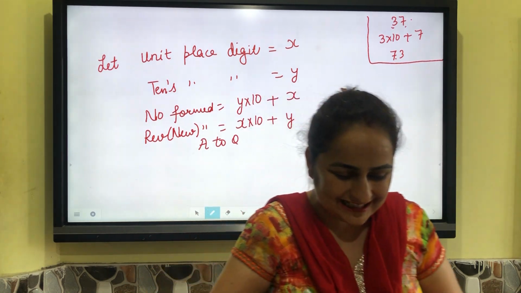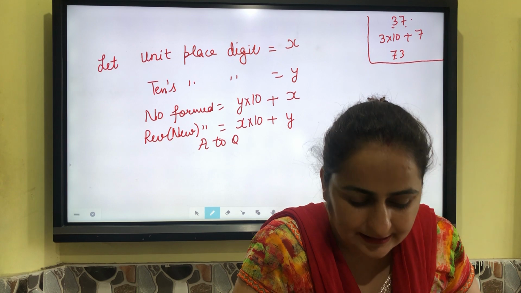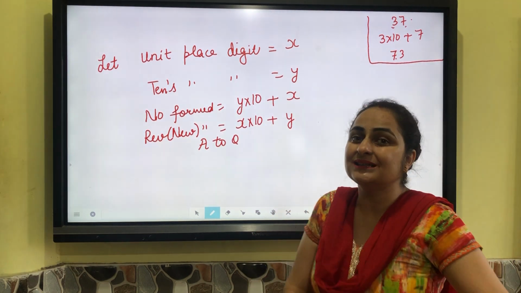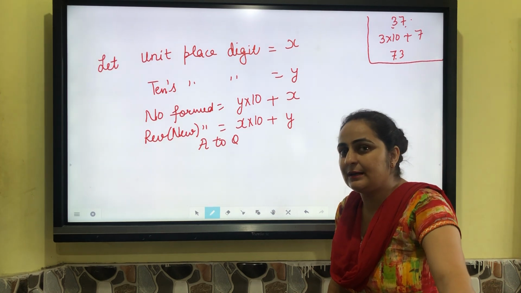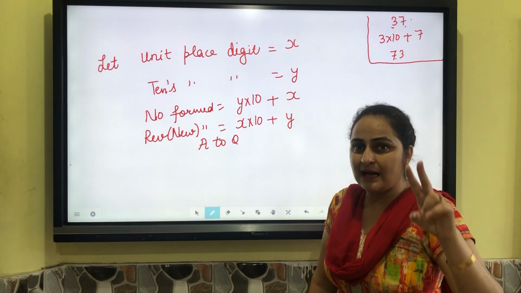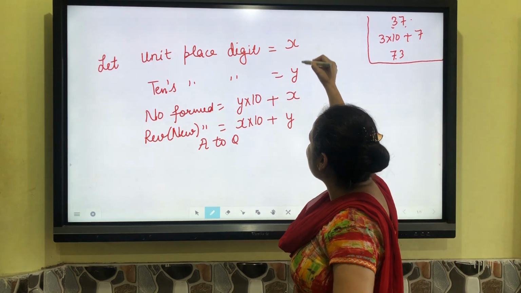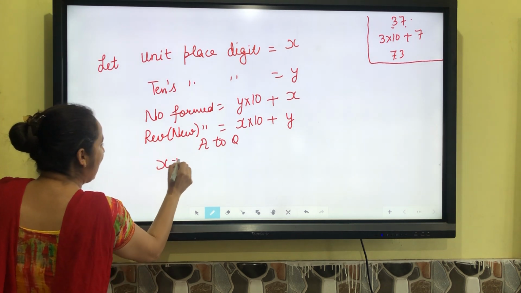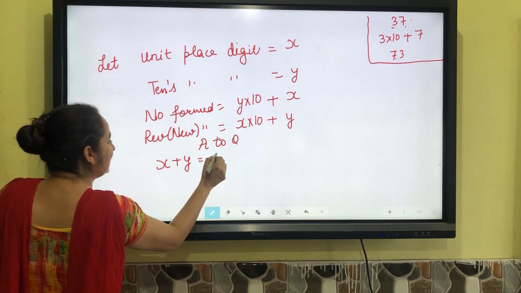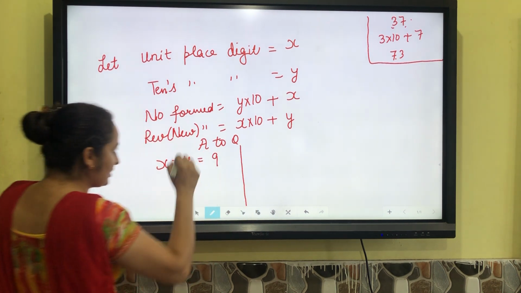Now, let's check. The sum of digits of a two-digit number is 9. Sum means addition. Digit means x and y. Therefore, sum means x plus y is equal to 9. Now, what is the second equation?